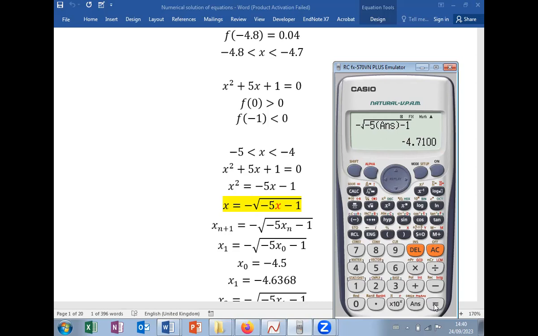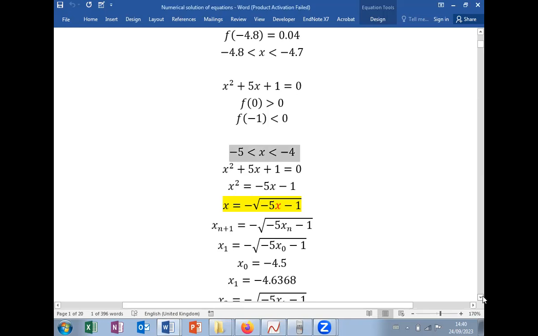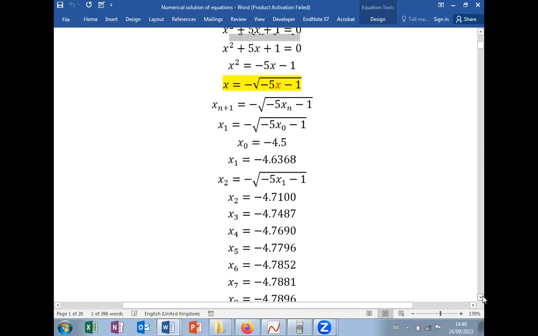The only thing you're supposed to do is note these down. x2 has come, then x3, x4, x5, x6, 7, 8, 9, 10, 11, 12, and 13. The 12th and the 13th iterations are the same, and that is when you stop.